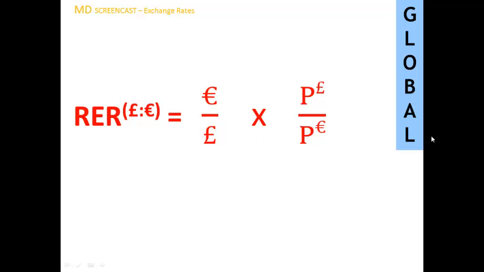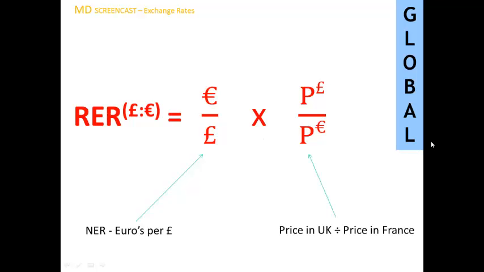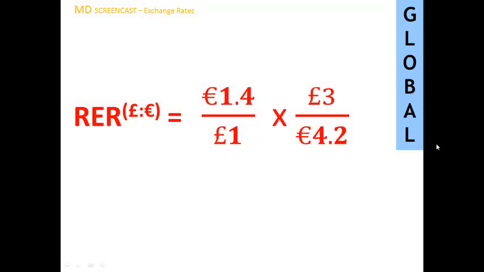What we'll do now is show this again, but for a particular product, a product sold both in the UK and in France. So we'll look at the nominal exchange rate, and here we're going to show that the value of the pound is expressed in terms of euros, and so £1 can be exchanged for €1.40.